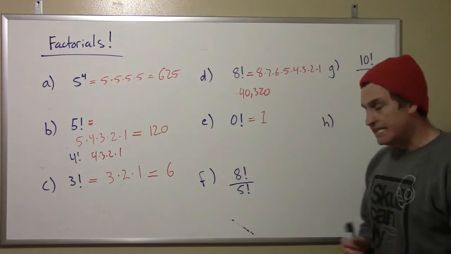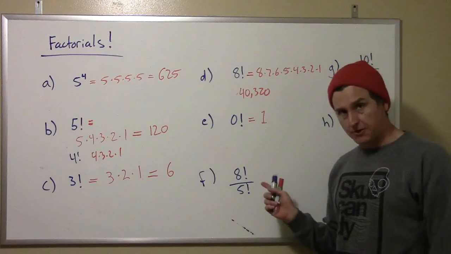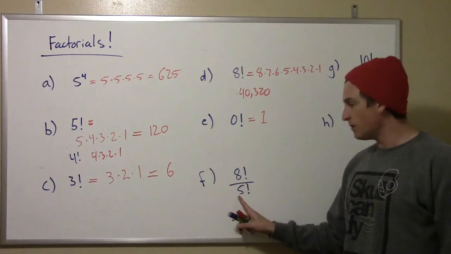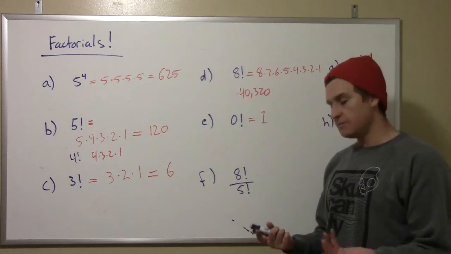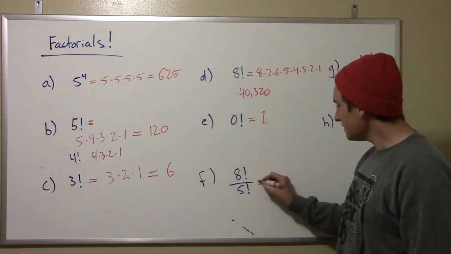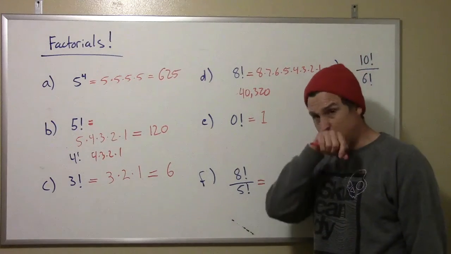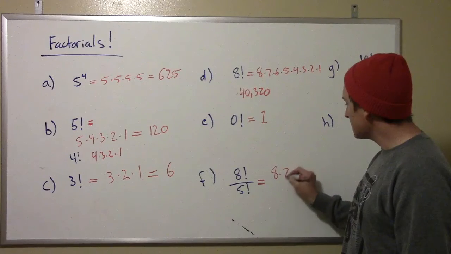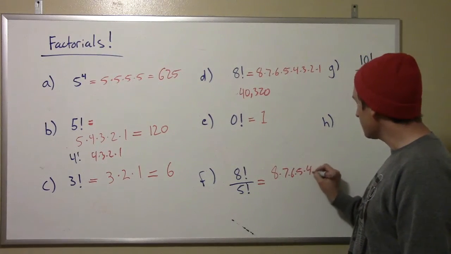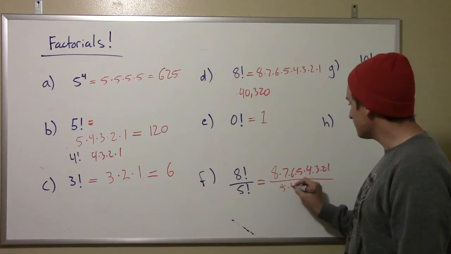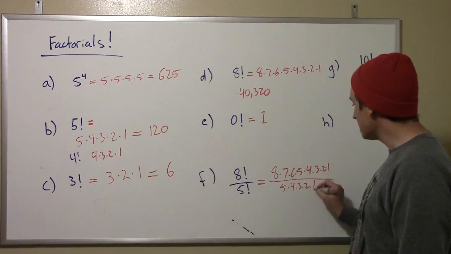Okay, another thing you're going to see is dividing factorials. Now you can find out what 8 factorial is and then find out what 5 factorial is and divide them and simplify, but there's actually a much easier way to do this. If you expand it out, you can see what's going to cancel. So 8 factorial is 8 times 7 times 6 times 5 times 4 times 3 times 2 times 1 over 5 times 4 times 3 times 2 times 1.